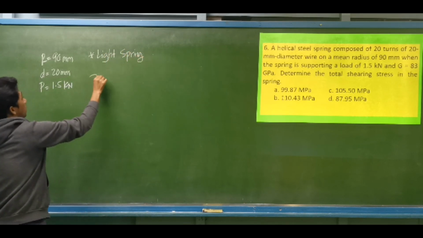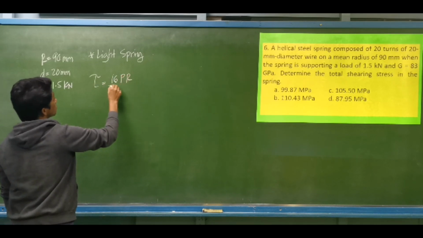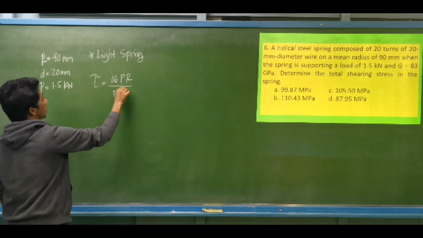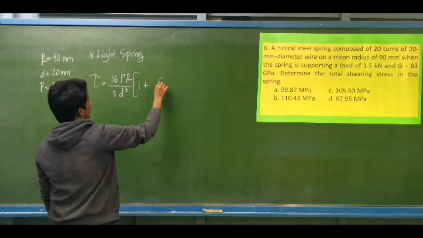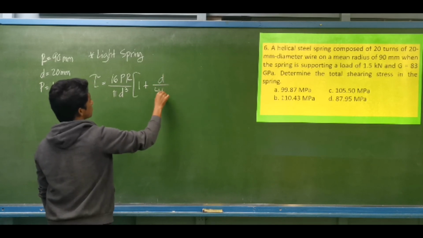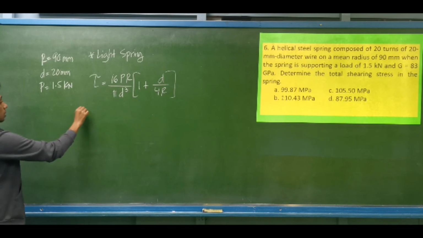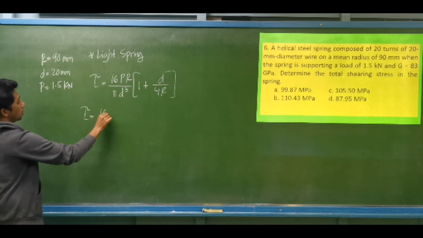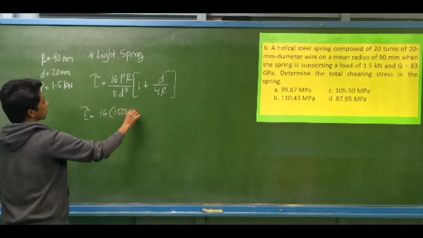If it is a light spring, the shearing stress is equal to 16 times the load, the radius of the coil, divided by pi, the diameter of the wire raised to 3, multiplied by 1 plus the diameter of the wire divided by 4 times the radius of the coil. So let us substitute. We have a shearing stress equal to 16. Our load is 1,500 newtons.